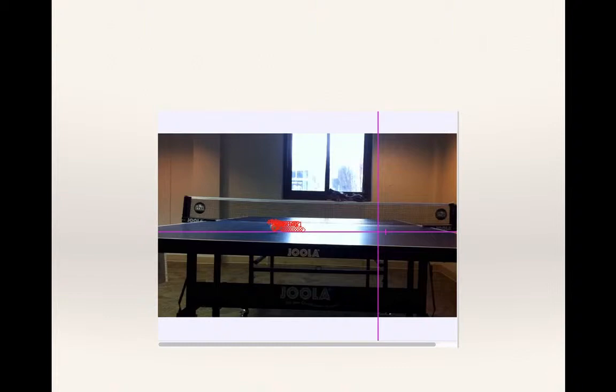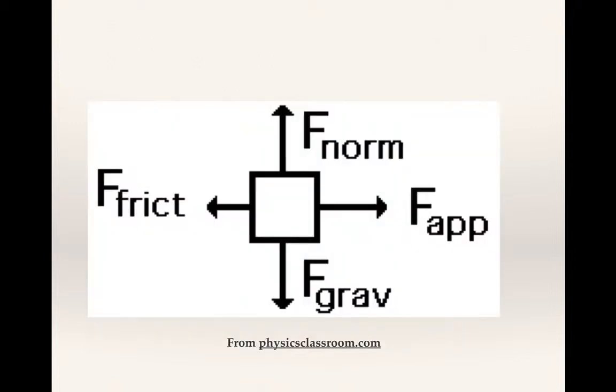Now, we have to assume two things. Number one, y equals 0. And we have to assume this because the y's are so tiny that it becomes insignificant. We also have to assume that the net force equals 0. And we can show this using a free body diagram.